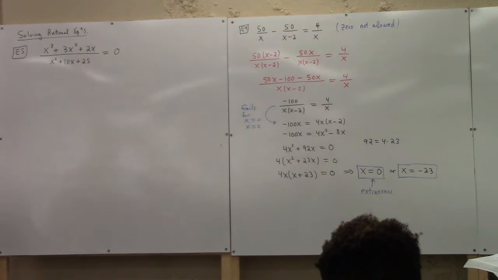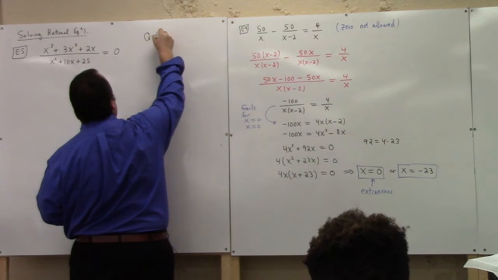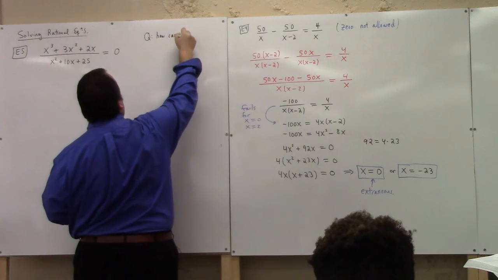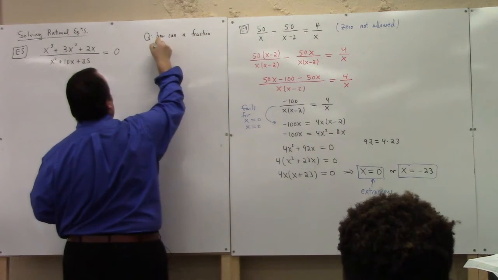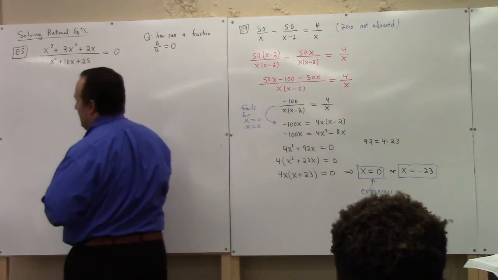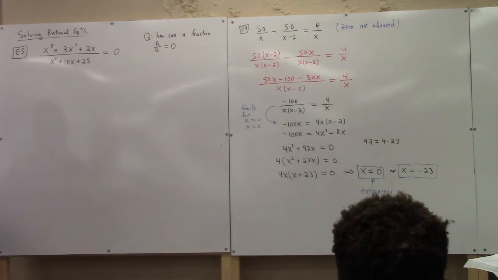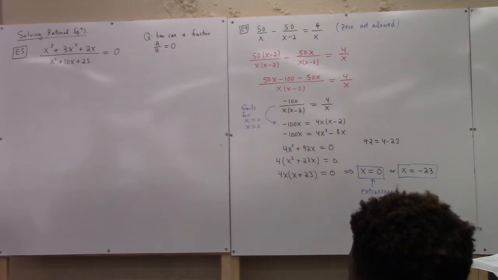My question to you is, how can a fraction be equal to 0? Right? Like, how does that happen? Does it happen from b being 0? No, I mean, if b is equal to 0, it's just undefined, right? So the only way that this can have a solution is if the numerator is 0, right?